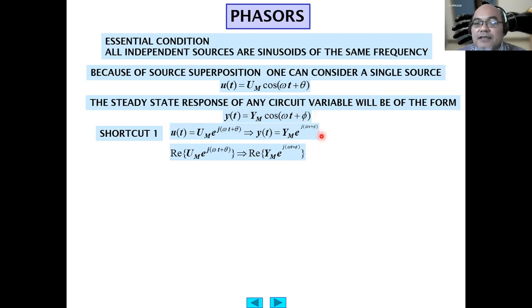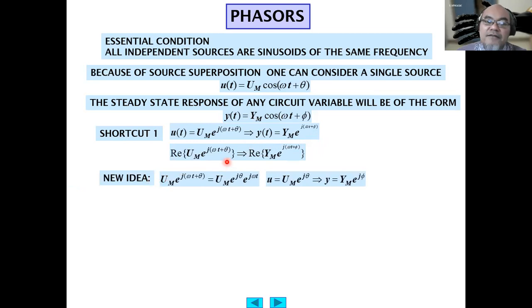However, when we use complex notation like this, there is the imaginary component, the j sign, so we take only the real part of this expression. The real part of Um exponent j(omega t plus theta) corresponds to the real part of Ym exponent j(omega t plus phi).